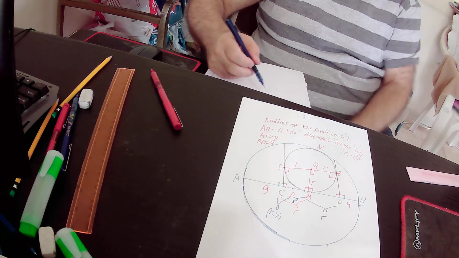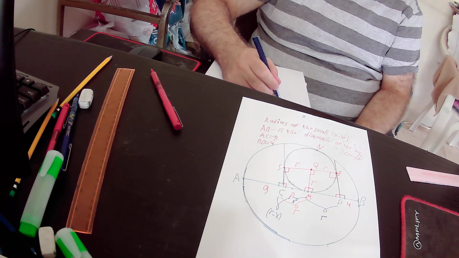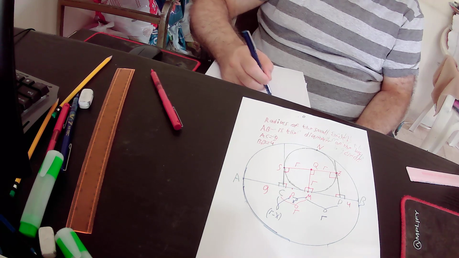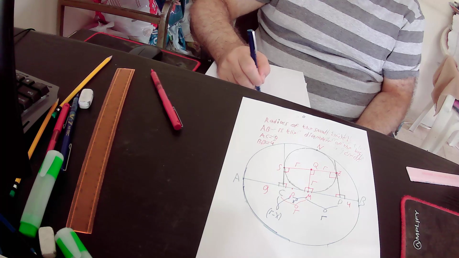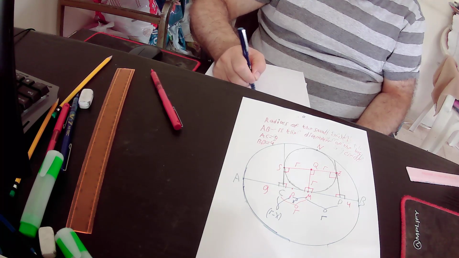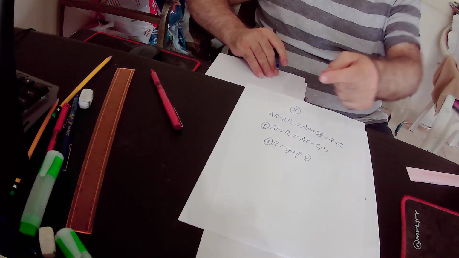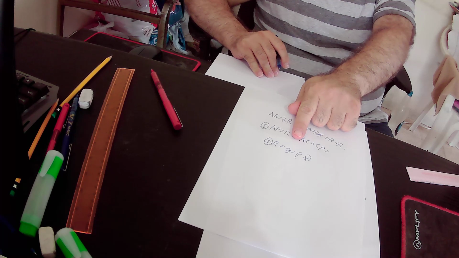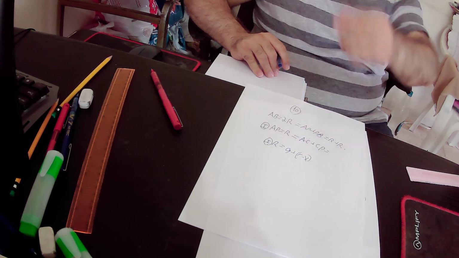So in total, AP, that equals R, equals 9 plus small r minus x.